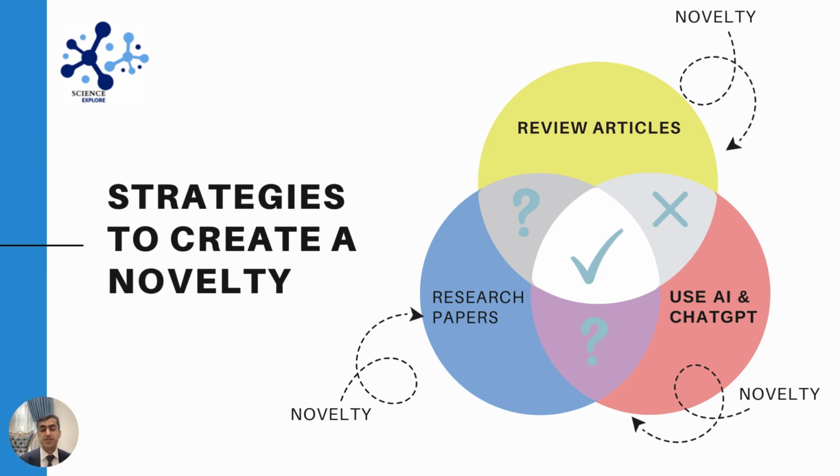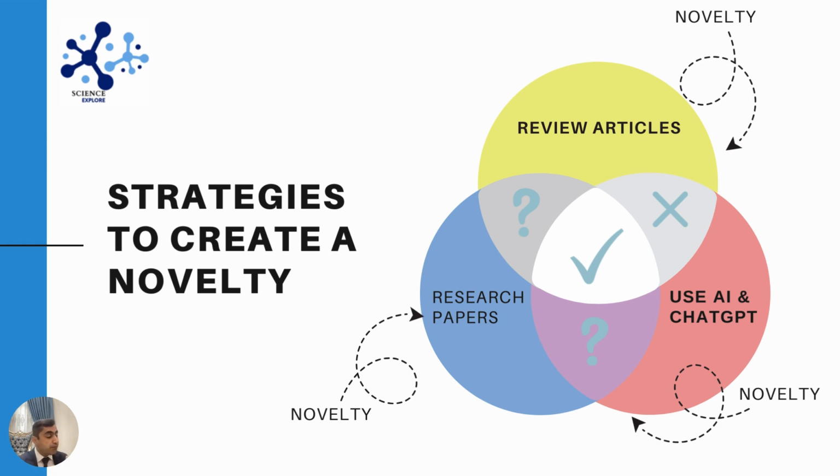Research papers. Based on the research papers, or what we can say your search result on papers, we can decide to add one or two new subtopics or new keywords.